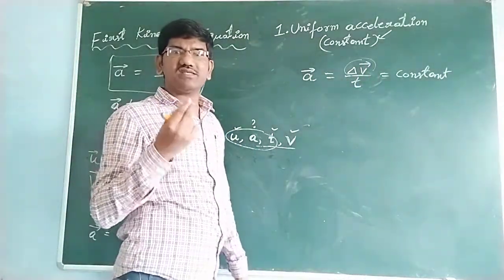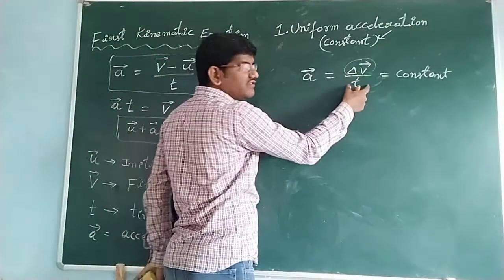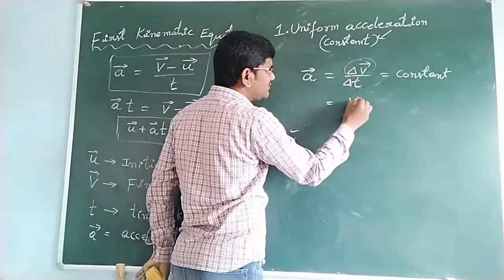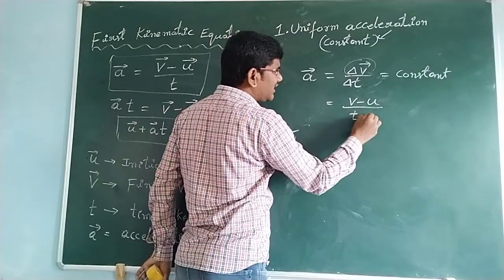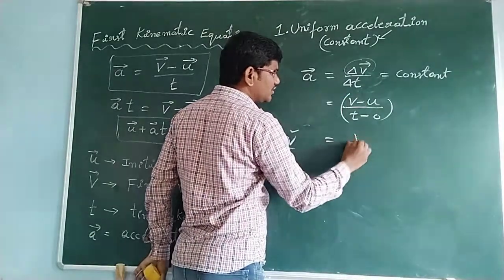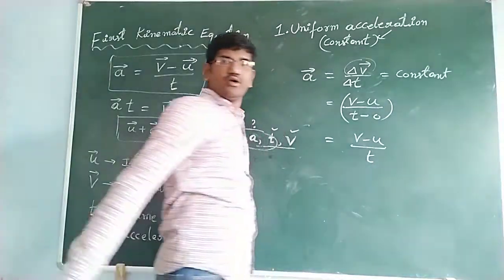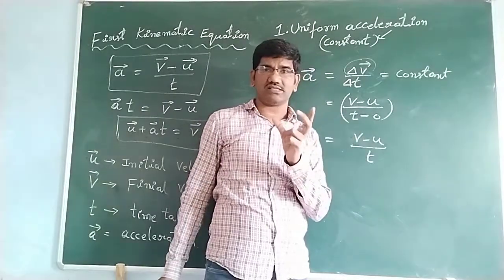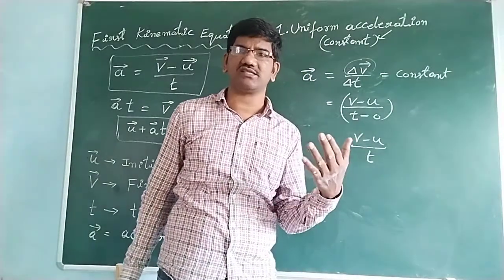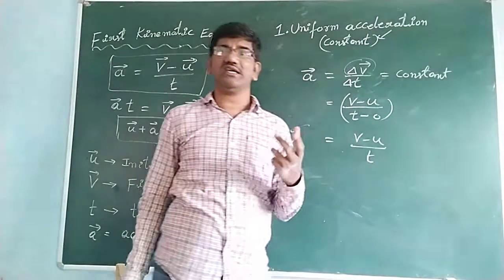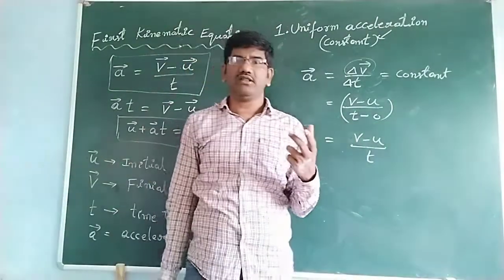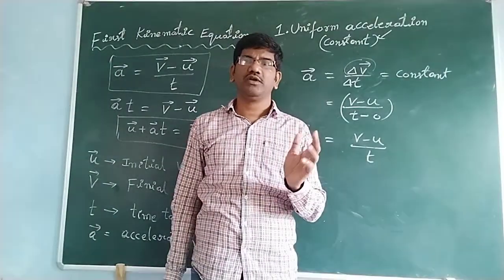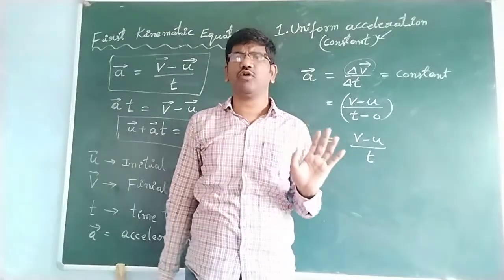Equal changes in velocity are occurring in equal intervals of time. This delta V by delta T is constant. Changing velocity by time interval means we write (V minus U) by the time interval, final time minus initial time, so you are getting (V minus U) by T. It means equal changes in velocities have to occur. V bar minus U bar means change in velocity. Already we have discussed it. So if equal changes in velocities are taking place in equal intervals of time, then the object is said to be moving with uniform acceleration or constant acceleration. That is about constant acceleration.